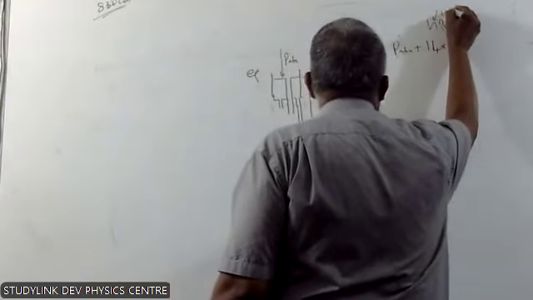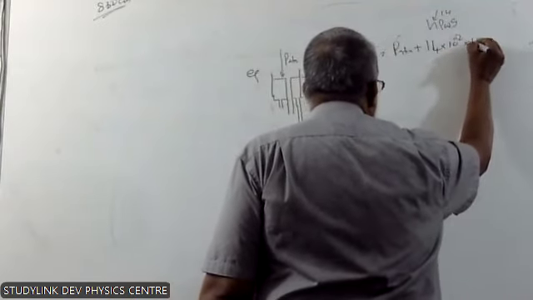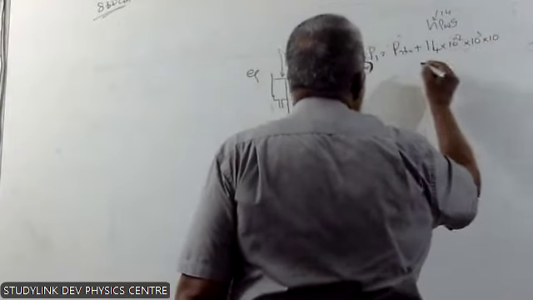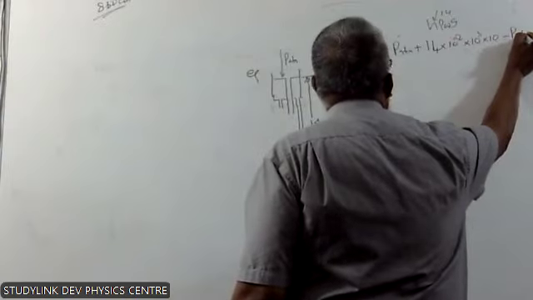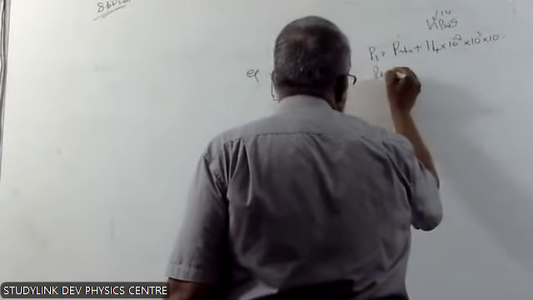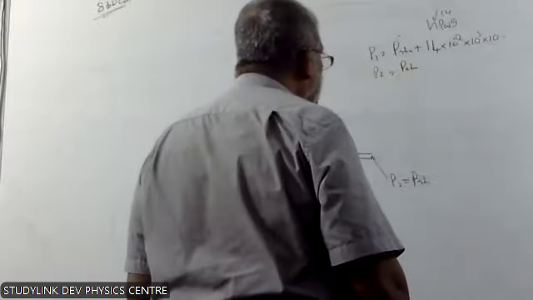This is 14 cm, converted into meters. Rho W is 1000, then G is approximately 10. So this is P1. Then P2 is equal to PATM, exposed to the atmosphere.